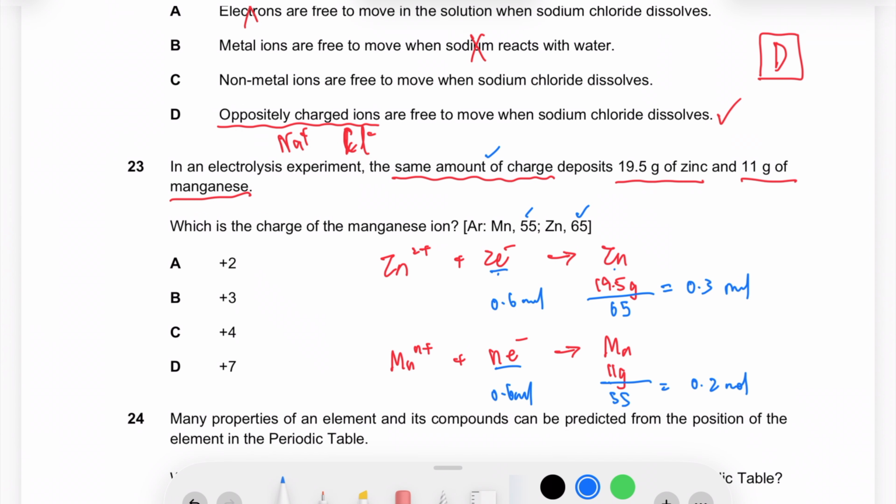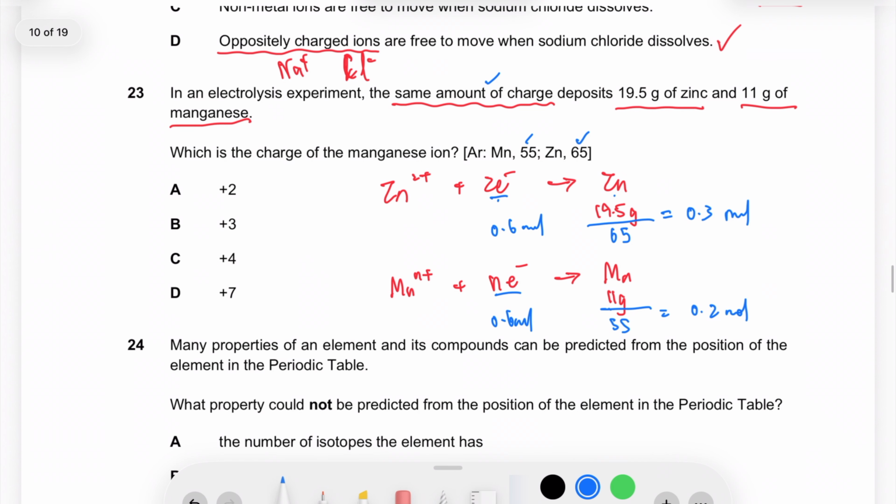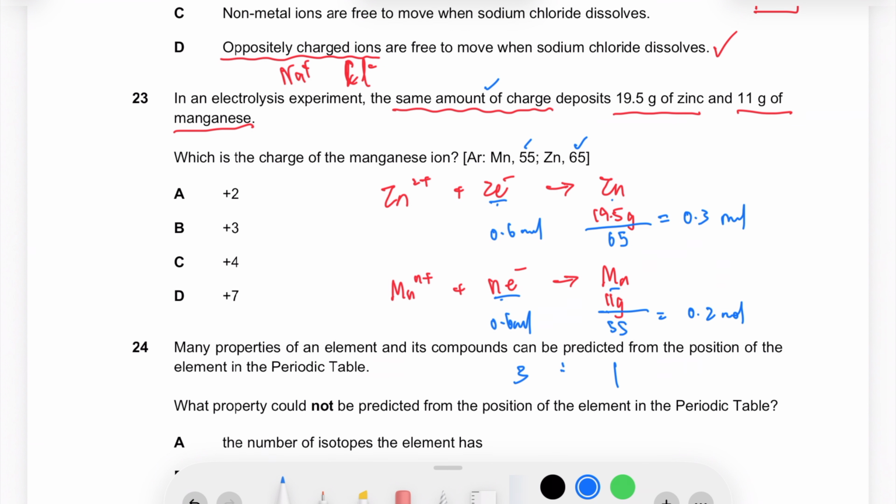Then finally, the mole ratio between manganese and the electron will be 0.2 to 0.6. So it's 1:3. Okay, so it means n is actually equal to 3. That's how you do it. So answer will be B. This is slightly longer in terms of working.